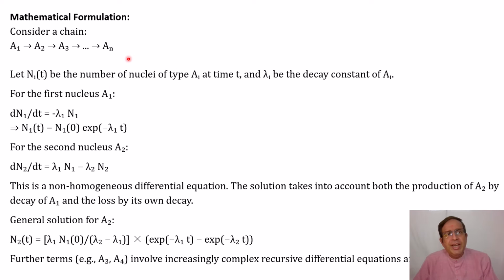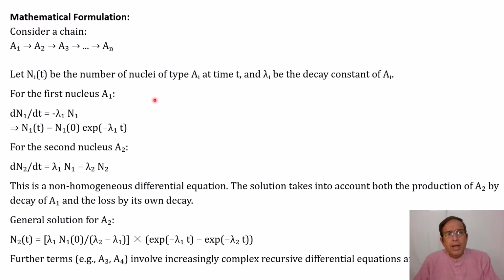So within a chain, if you select one particular nucleus, then Ni(t) is the number of nuclei of type Ai at time t, and lambda i is the decay constant for that particular nucleus Ai.